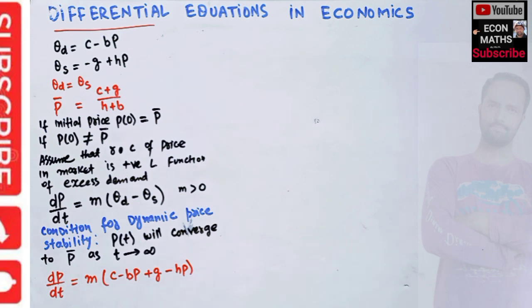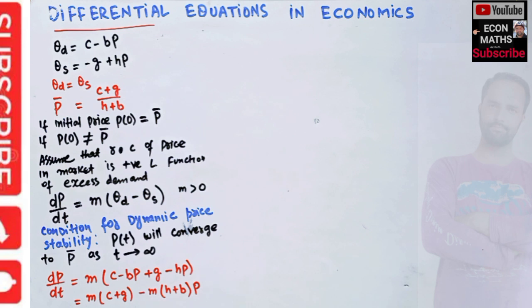Solving it further, we have m times (C plus G) and let's take minus common, then we have again m times (H plus B) P. I'm not doing all the steps here, you can do it pretty well.